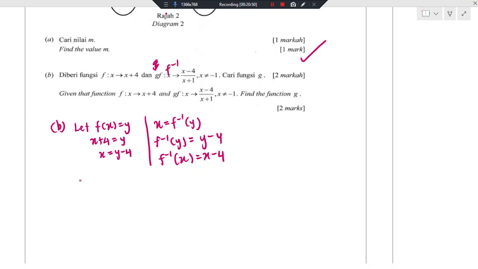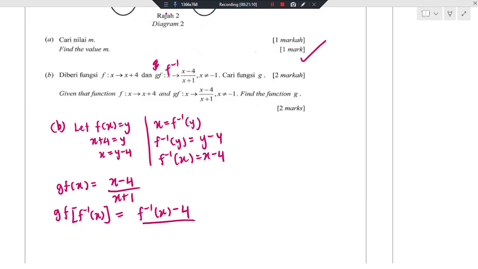Maksudnya, your x all become F inverse lah now. So, apa yang berlaku? F inverse x tu apa benda? X minus 4. Remember, this is just F inverse, bukan the minus 4, belum masuk lagi. So, jangan terkeliru.